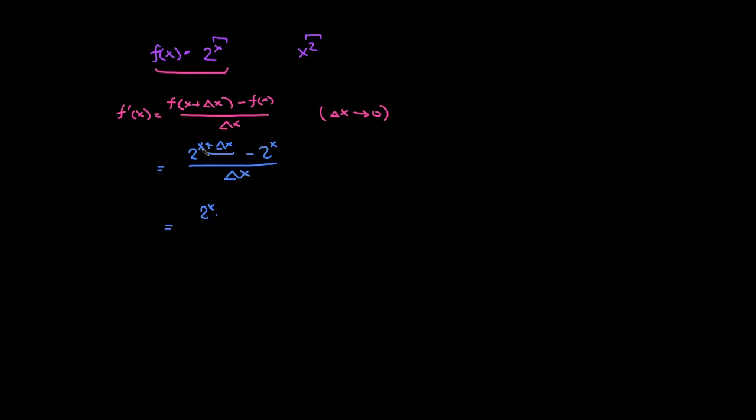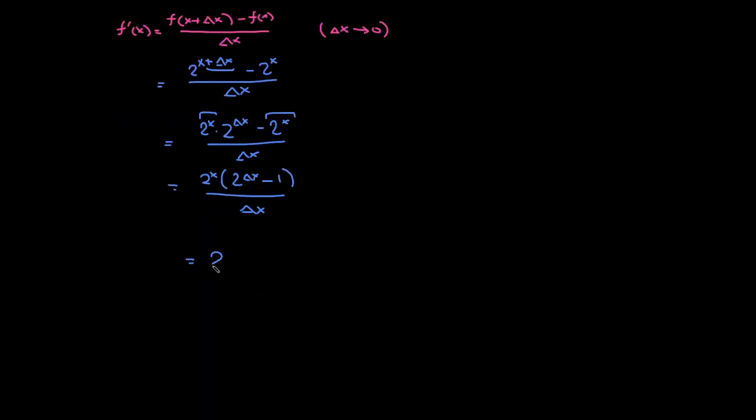If you have an addition in the exponent, that becomes multiplication, like that. So you can split it up like that, and then just copy this. And now we can factor 2 to the x, because we have 2 to the x here and we have 2 to the x here. Right, so we can do something like this. That becomes 2 to the delta x minus 1, still divided out by delta x.